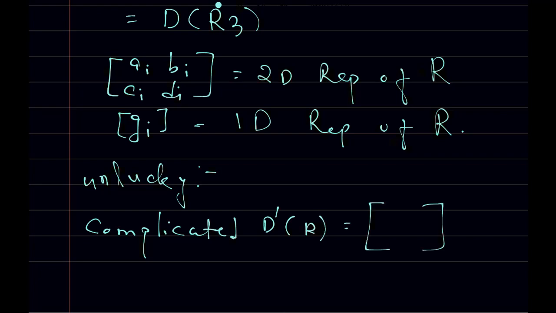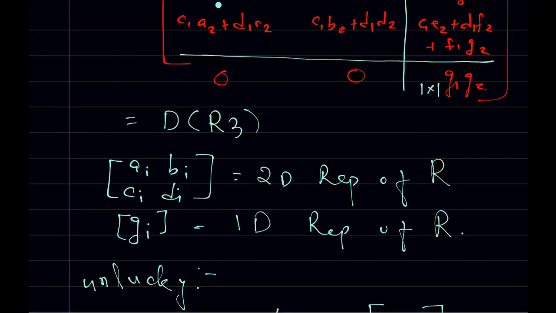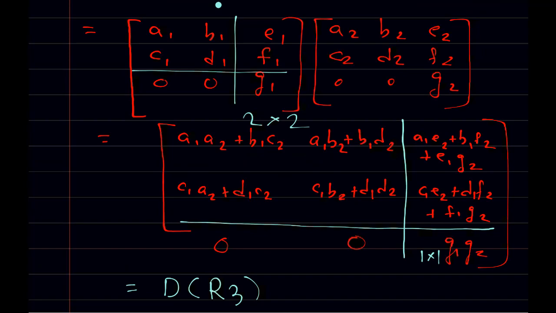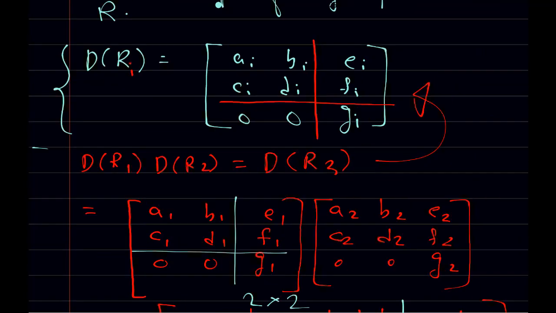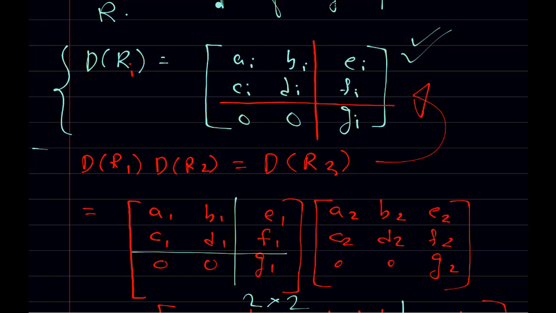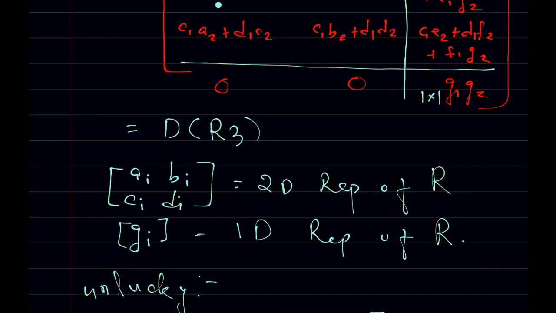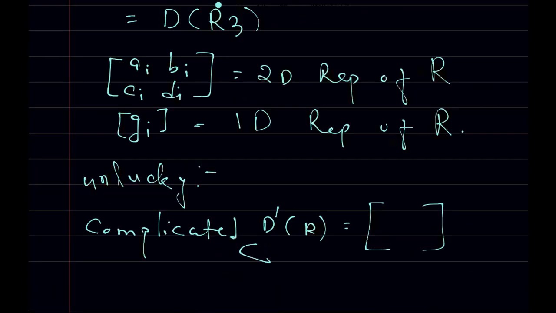And then if you are lucky, you get a similarity transformation that brings your matrix into this form, and then we say that D prime of R is reducible, not completely reducible, but approximately reducible. Instead of writing approximately reducible, I just write reducible.